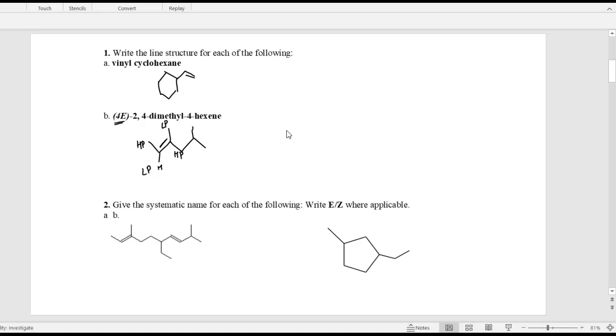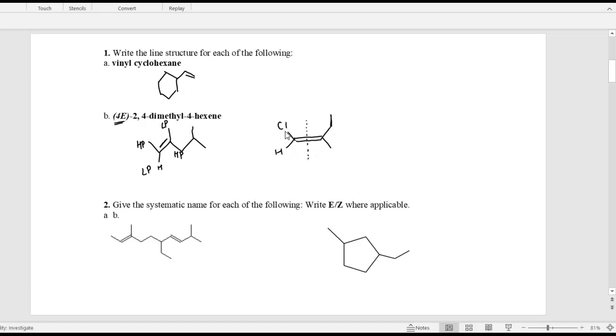So E and Z means, when you have a double bond and you have substituents at the double bond, say for example I have a Cl here, a hydrogen here, and then say I have a CH2CH3 and a CH3. The way we denote E and Z designation is you look at the two sides of the double bond.